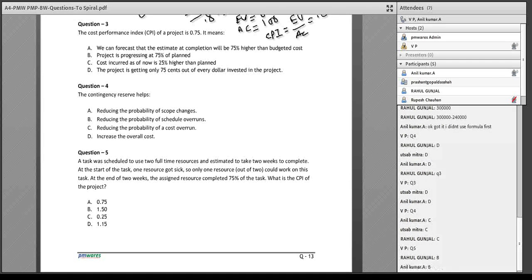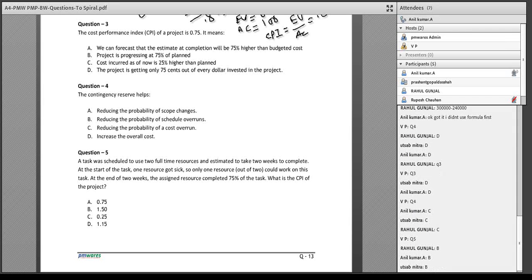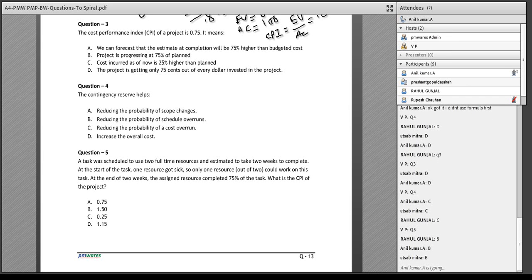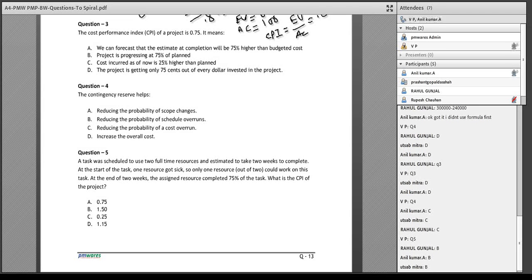Question number 5. What about Rahul? Rahul, it is B, or Rahul already gave it.